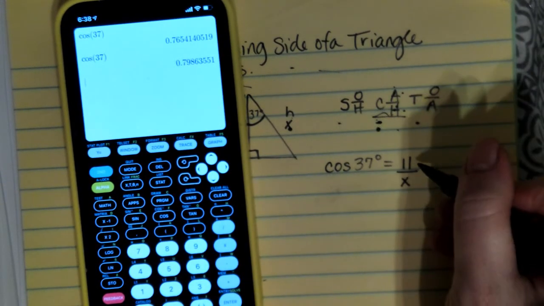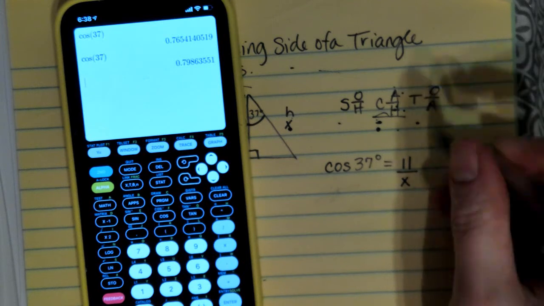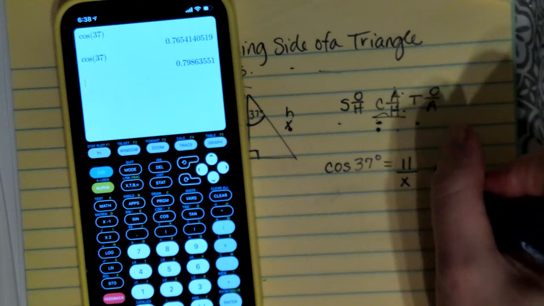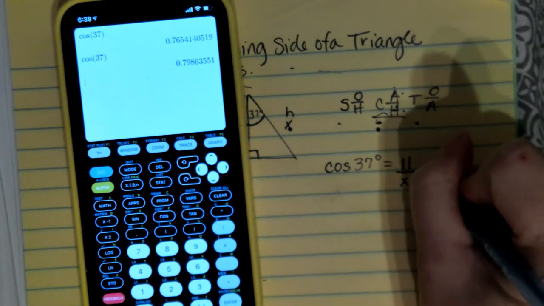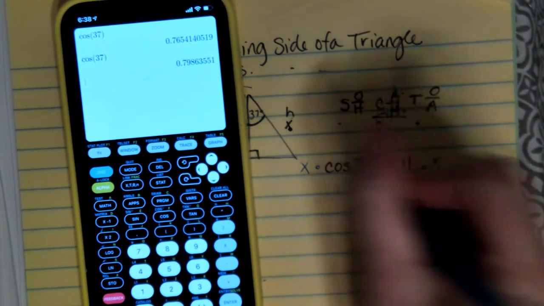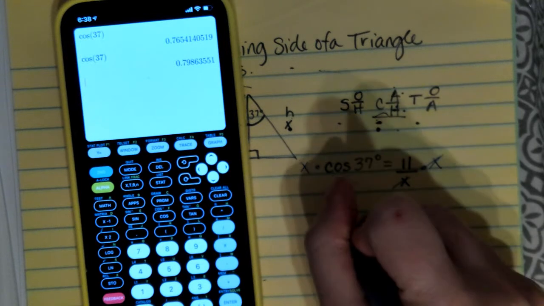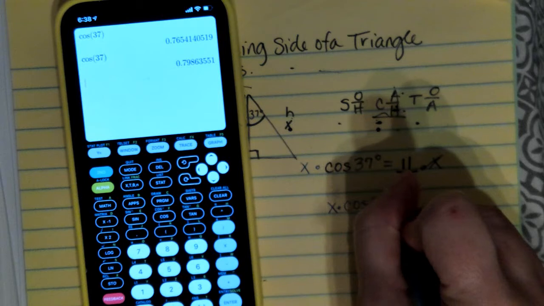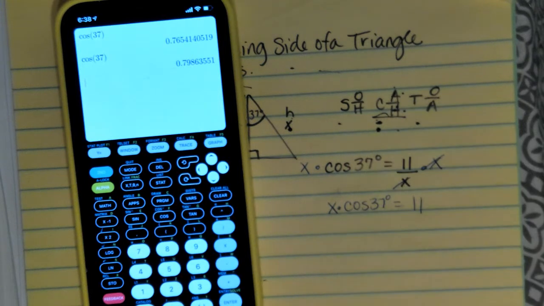If I'm divided by x in the denominator, I'm going to have to multiply both sides by x to get it out of the denominator. And now what I have is x times the cosine of 37 degrees equals 11.